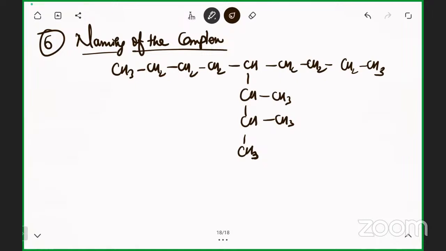How will you do the numbering? Right side, sir. From the right side. Why? Then we get the minimum number, sir.